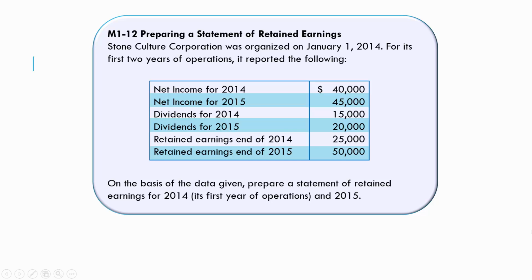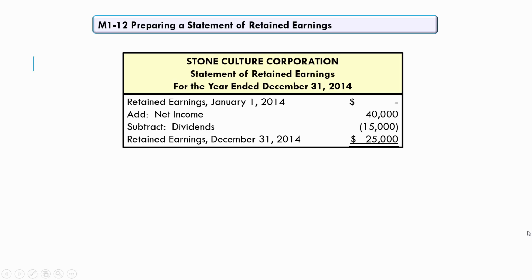So why don't we just jump right into this? What we would do here is again begin with 0. You add net income, you subtract dividends, and you come up with the ending retained earnings for this year.